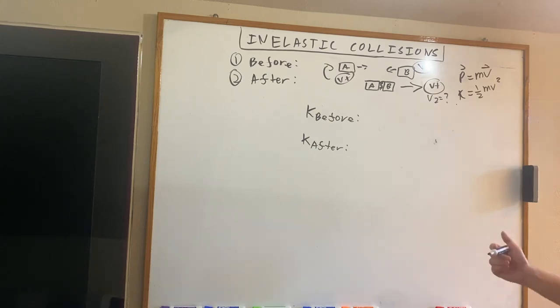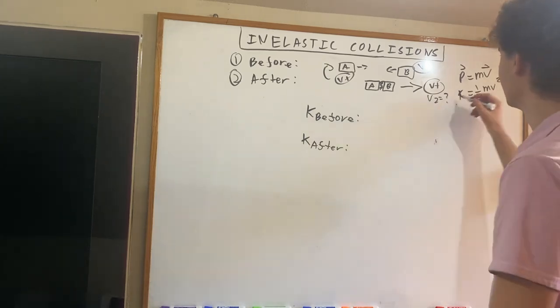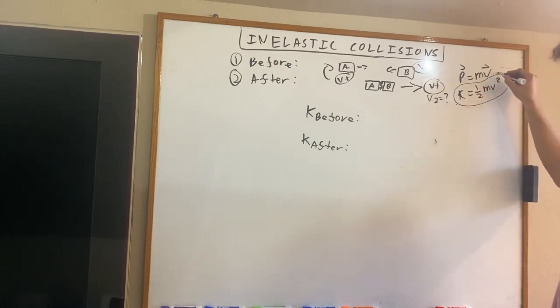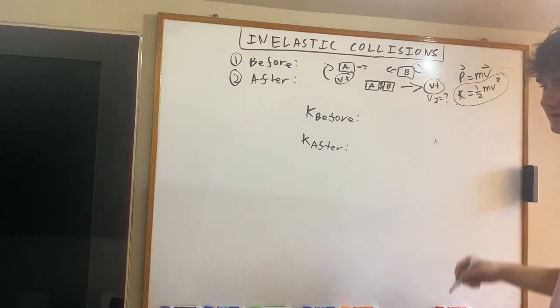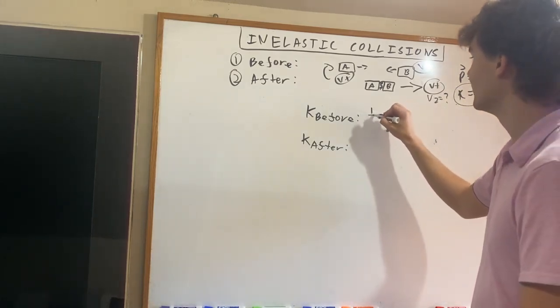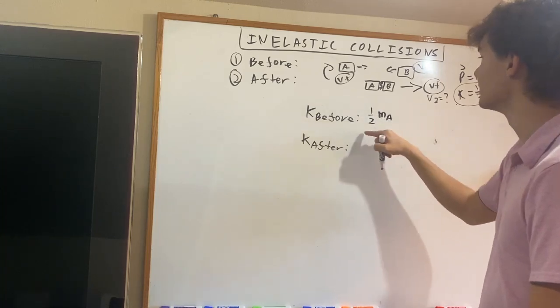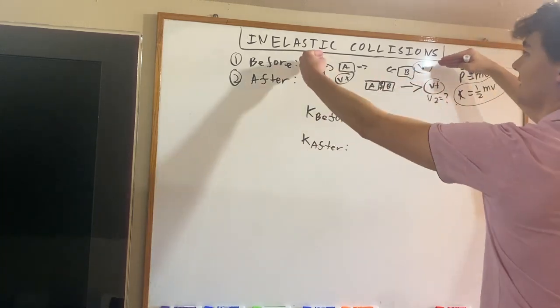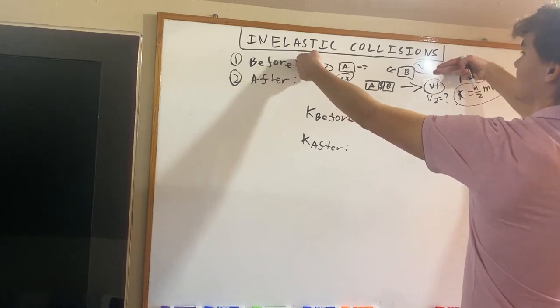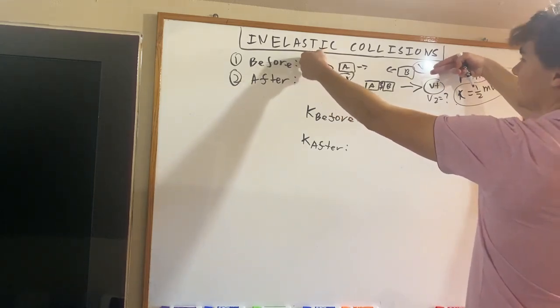So what we can do is, again, the equation for kinetic energy is 1/2 mv squared. So we're finding the kinetic energy before, so we're looking at this situation.